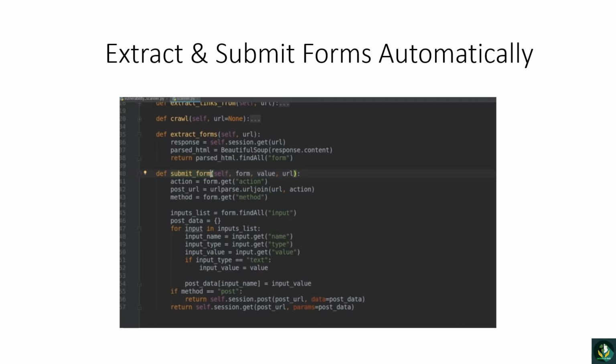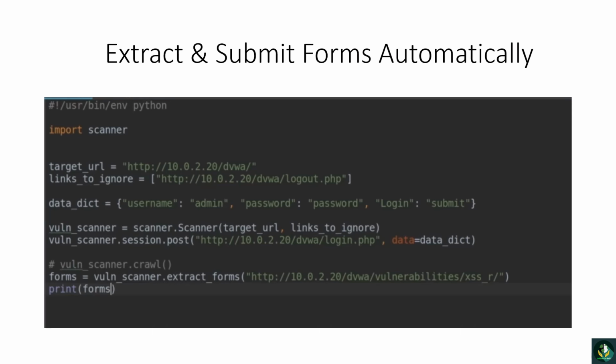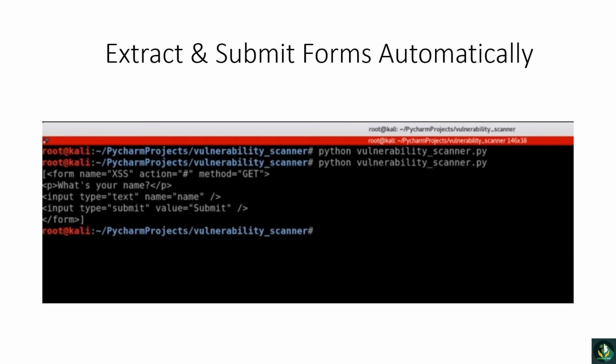I'm going to call my vulnerability scanner dot extract forms. Then I'm going to give it the URL to extract the forms from, and I should actually print this, because if you print this, it will get you the responses.